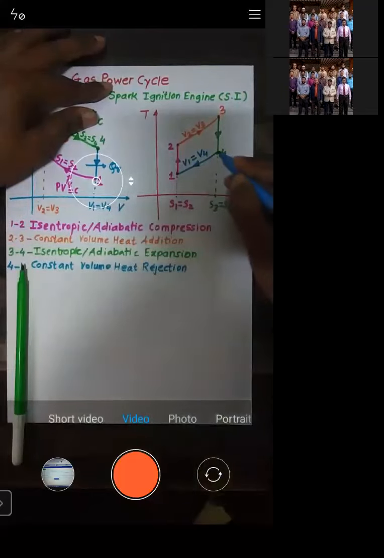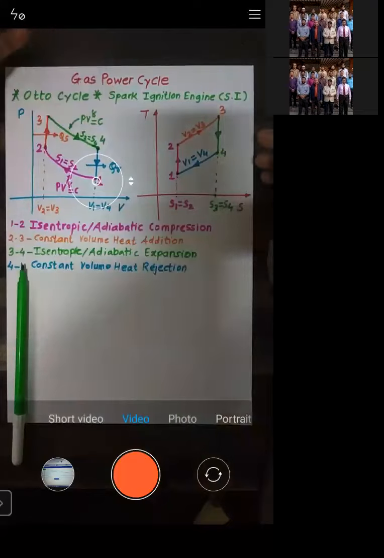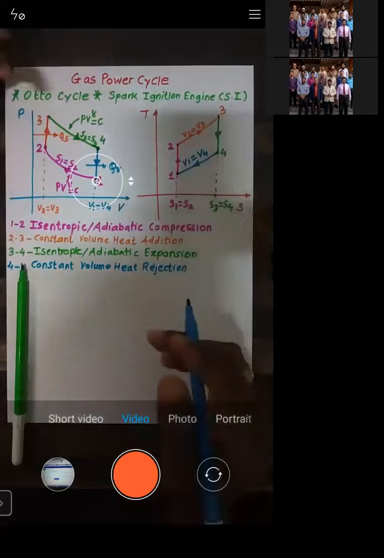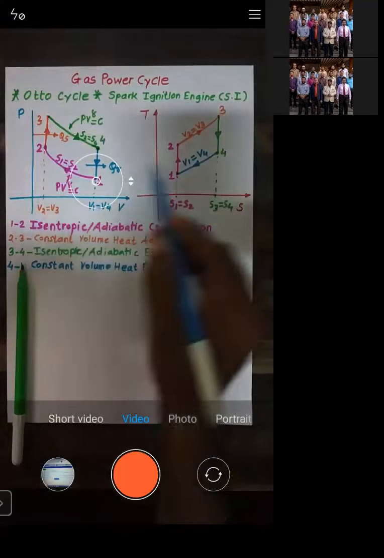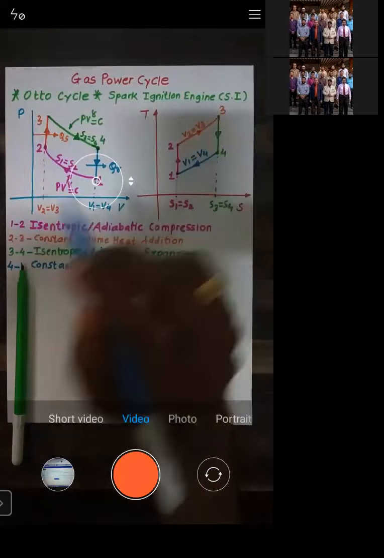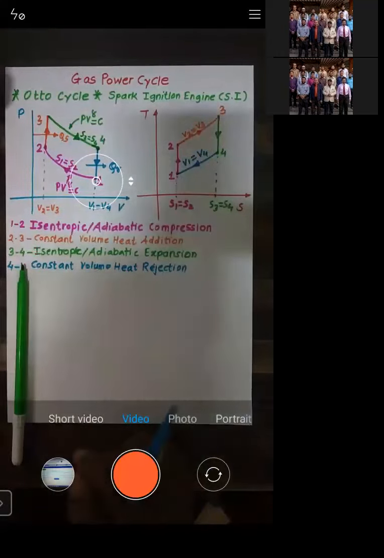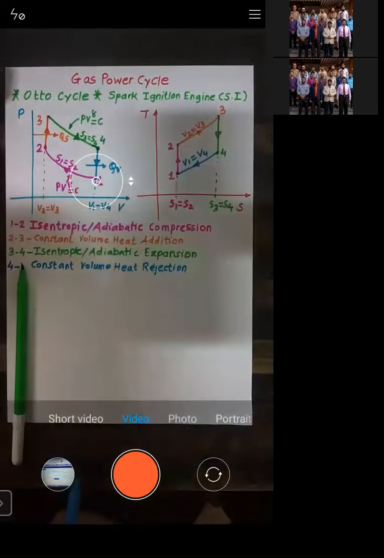From point number 4 we can also move upward. So if you move upward, what happens? Temperature increases as well as entropy increases. And this is only possible when we add the heat, and that is not expected in 4 to 1. In 4 to 1, we need to reject the heat, so temperature as well as entropy has to decrease. Is that okay? So this completes the TS diagram.